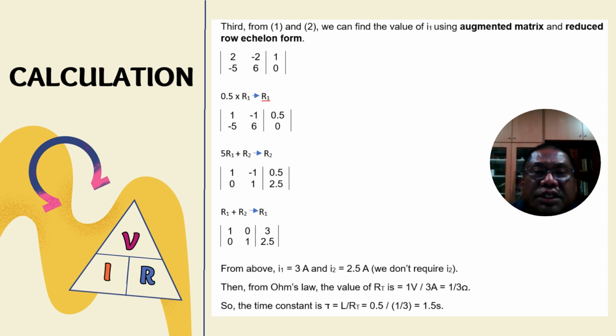So we see that even though we are using Thevenin and mesh analysis, to solve this problem we require linear algebra, in this case the reduced row echelon form.